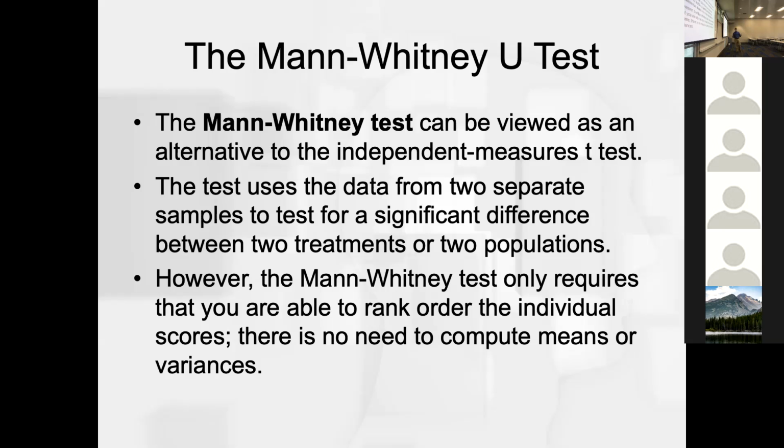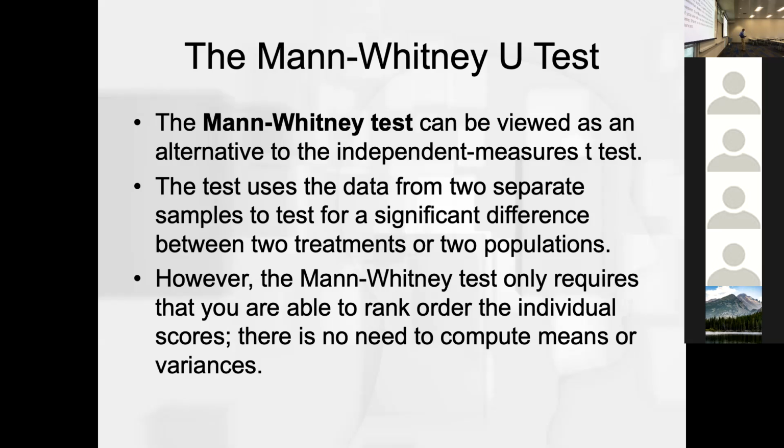We haven't done that for the semester, but as you move forward in your statistical careers, you know that there's a baseline number of subjects we have to collect. And if we don't have that, we're violating some of the assumptions of these parametric statistics. And so in that case, you may want to use a Mann-Whitney U test.